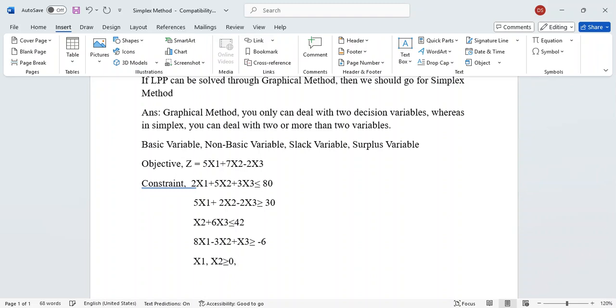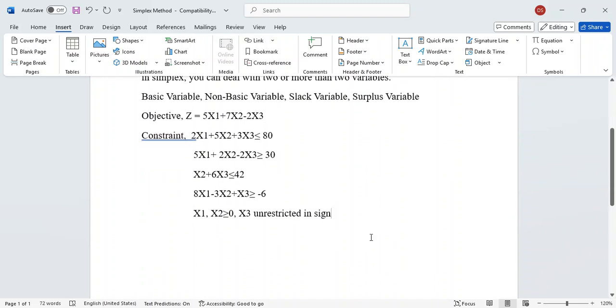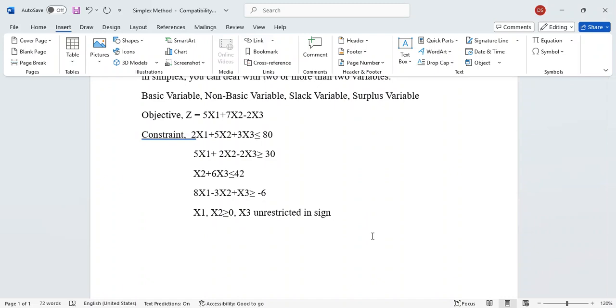But many times in the literature or books, x3 is written as unrestricted in sign. If this comes in your exam, then you should first identify the equation, then identify which type of variable means what.